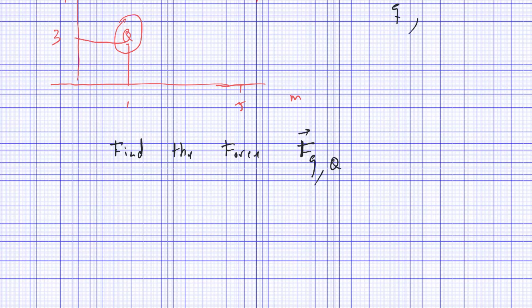And you have another charge of magnitude capital Q. And I want to find the force acting on little q due to capital Q. Find this force. It will be proportional to q Q divided by the distance squared. I want you to find the distance squared in this case.